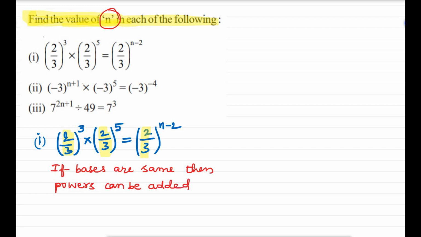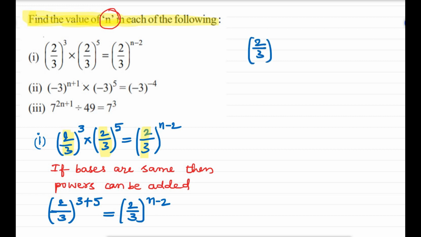I'll write this as 2 by 3 whole to the power of 3 plus 5 is equal to, the RHS remains the same, it doesn't change. Now, 2 by 3 whole to the power of 3 plus 5, and 3 plus 5 is 8. So 8 is equal to, the RHS remains the same.